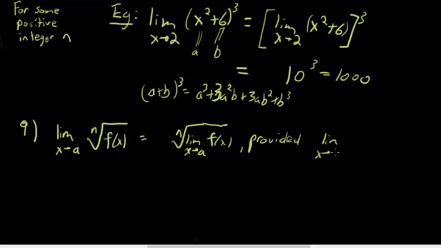So the limit as x tends to a of f of x exists, but there's one more condition.